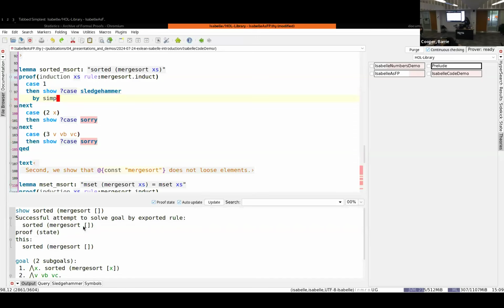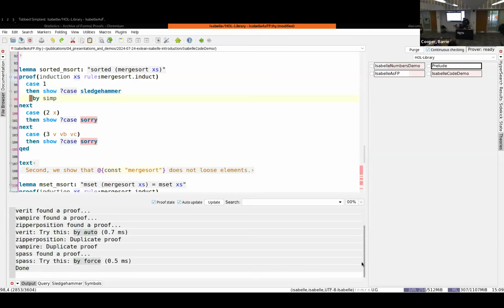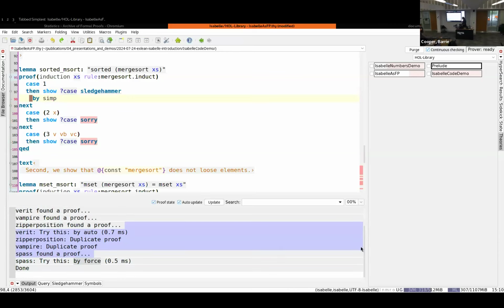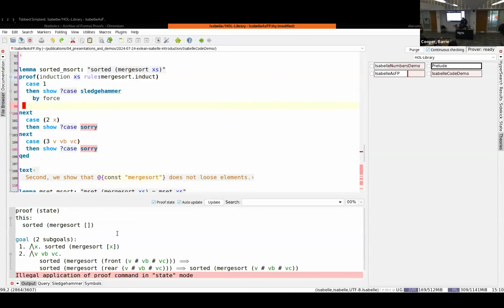But we see, or we hopefully have seen, so there's by simp, by auto, which is another tactic. And again, I can just click on that, or by force, which is a third tactic that solves that goal. And the runtime for by simp and by auto is 0.7 seconds, by force only 0.5. So maybe I would like to say prove that by force.